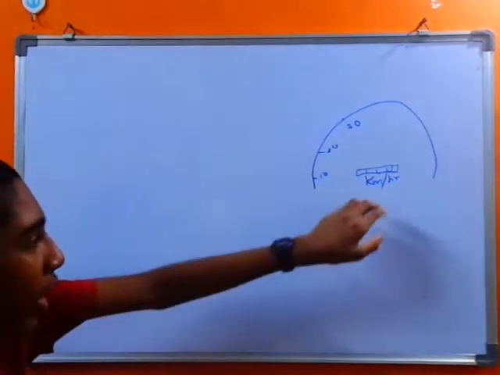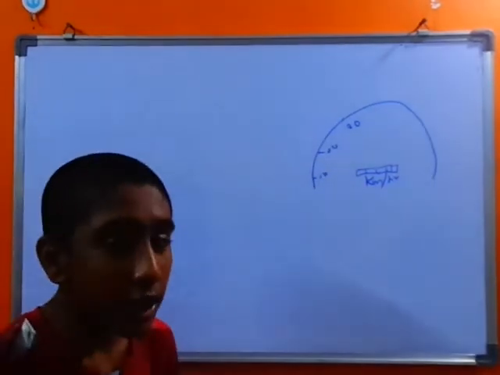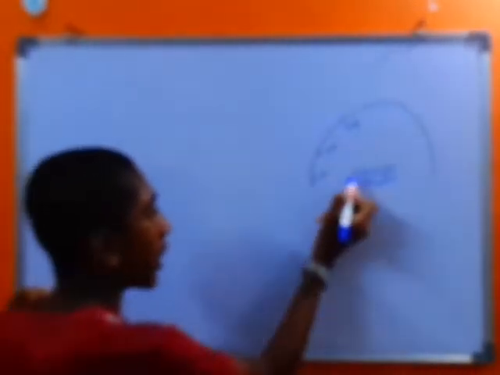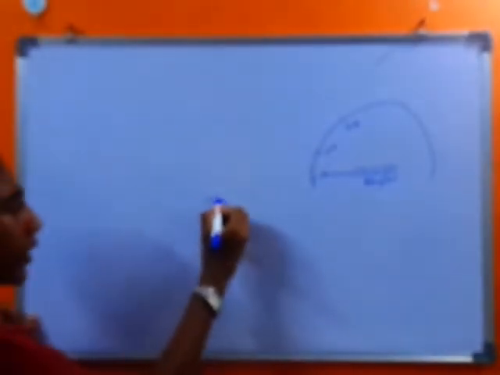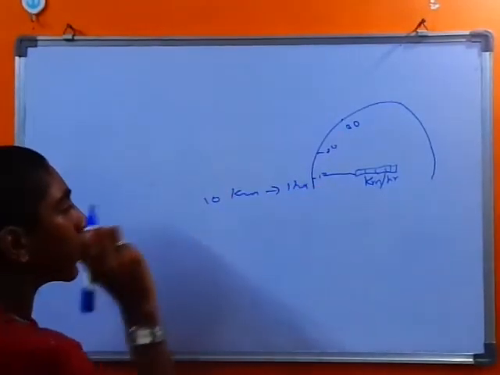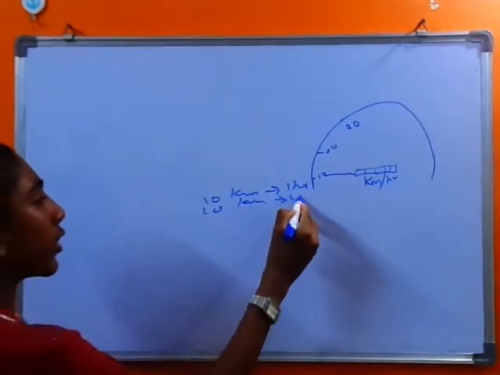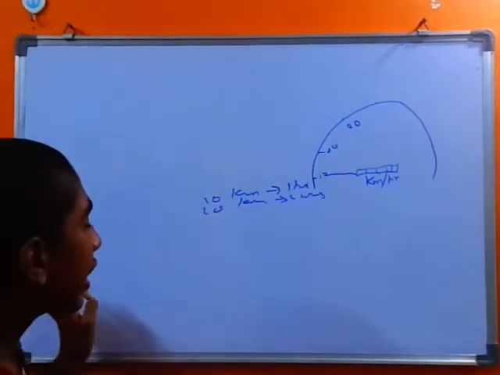What does this mean? This means kilometers you are traveling in 1 hour. For example, when you are traveling at 10 km per hour, it means you are traveling 10 kilometers in 1 hour, and 20 kilometers in 2 hours, and so on.